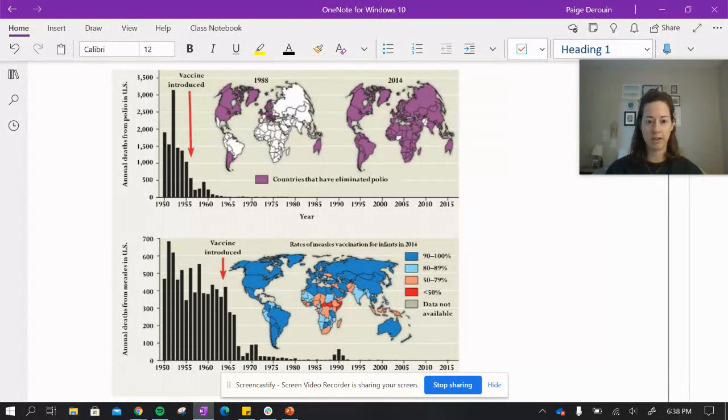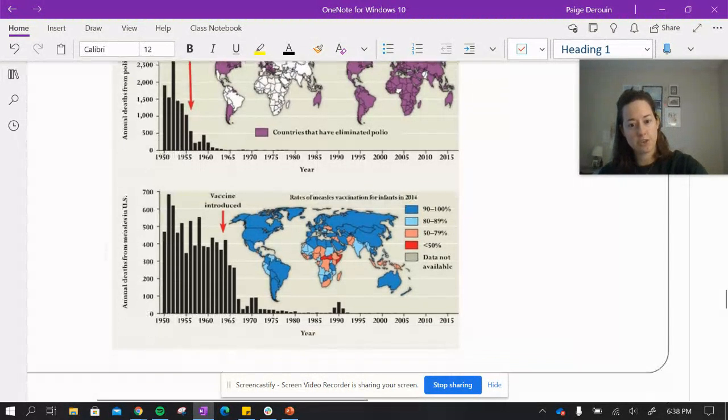For people in the 40s and 50s, it was a huge concern and a life-threatening, crippling virus. Now, pretty much worldwide, polio is eliminated because of the use of vaccines.